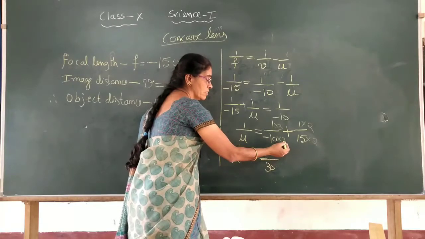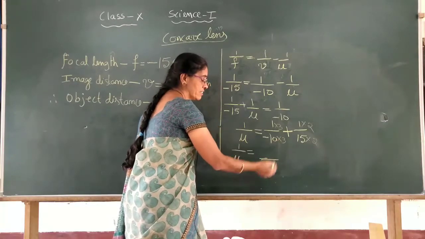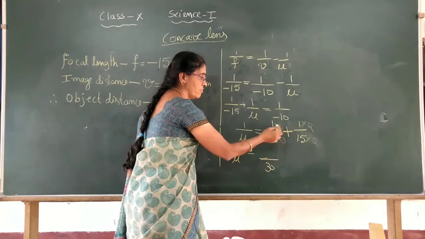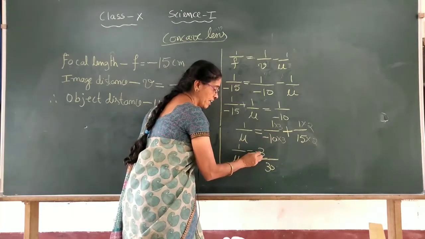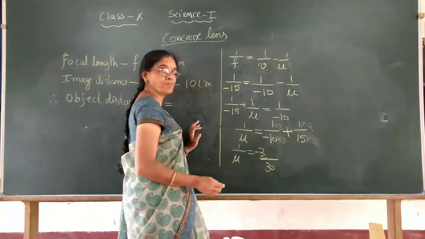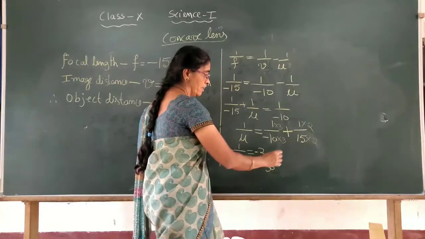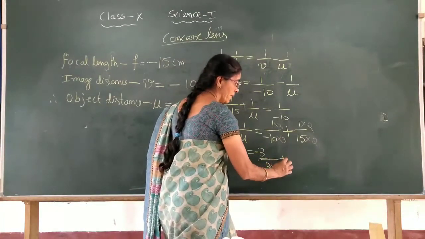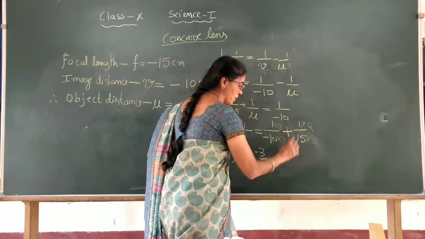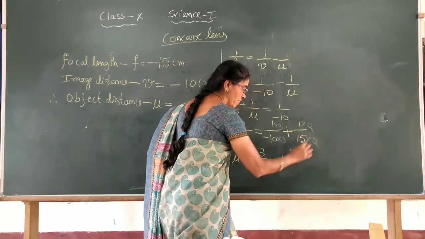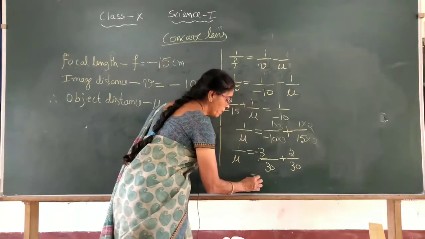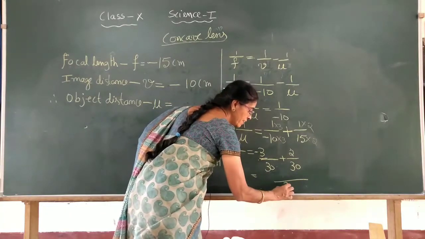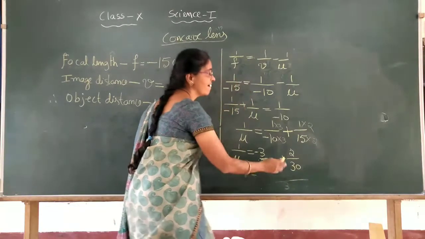So 3 tens are 30, numerator 3 ones are 3. But here the minus sign is there, I will write the minus sign here. Then plus 2 ones are 2, since plus I wrote 2 here, 15 twos are 30. Now common denominator 30, I will write it here.